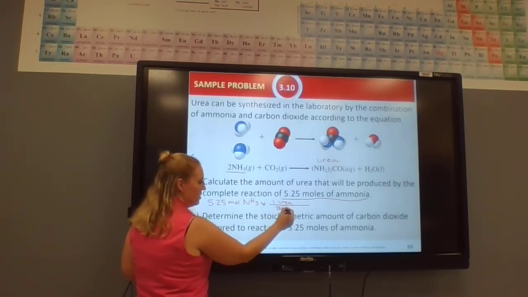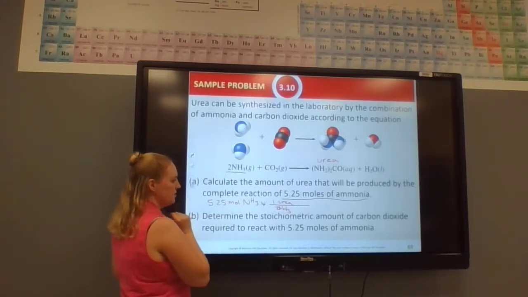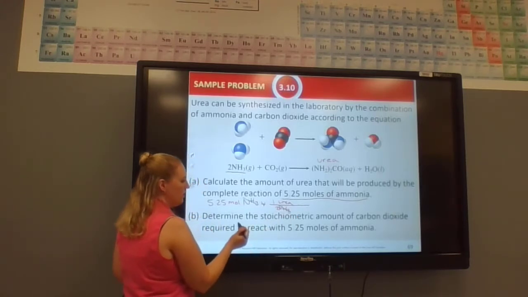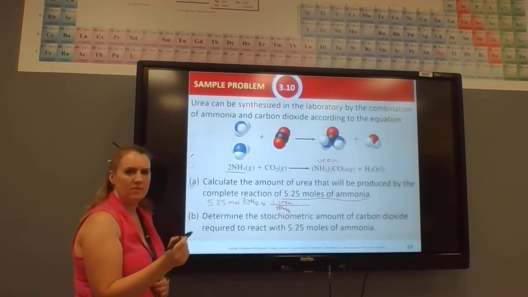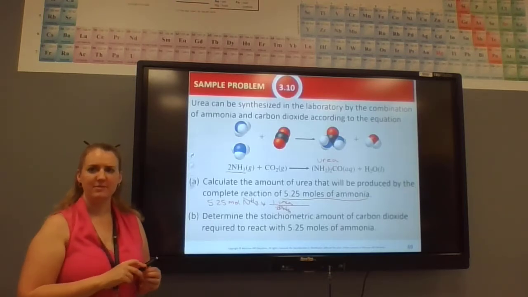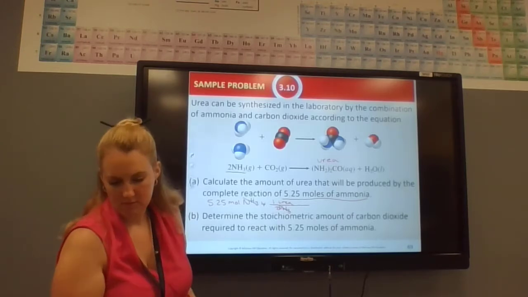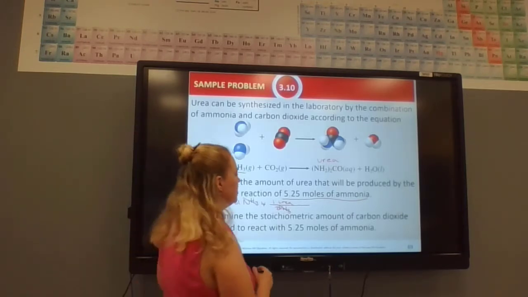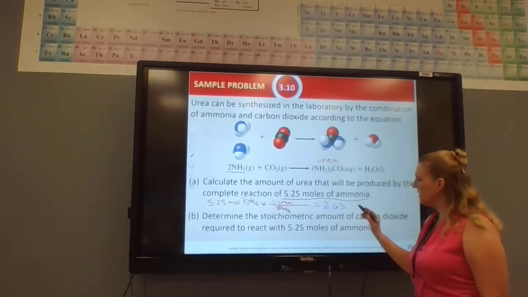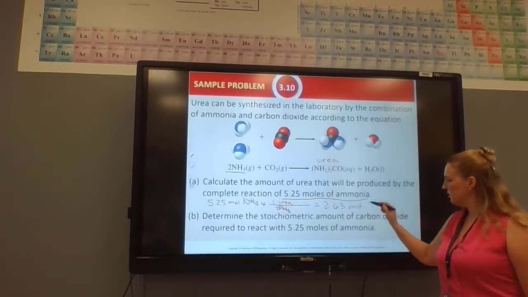So what cancels? The NH3s cancel, and I'm left with what? Over half that is. Someone grab a calculator. 2.625. We'll just do 2.63. And what's my unit now? Moles urea. We'll just write urea.